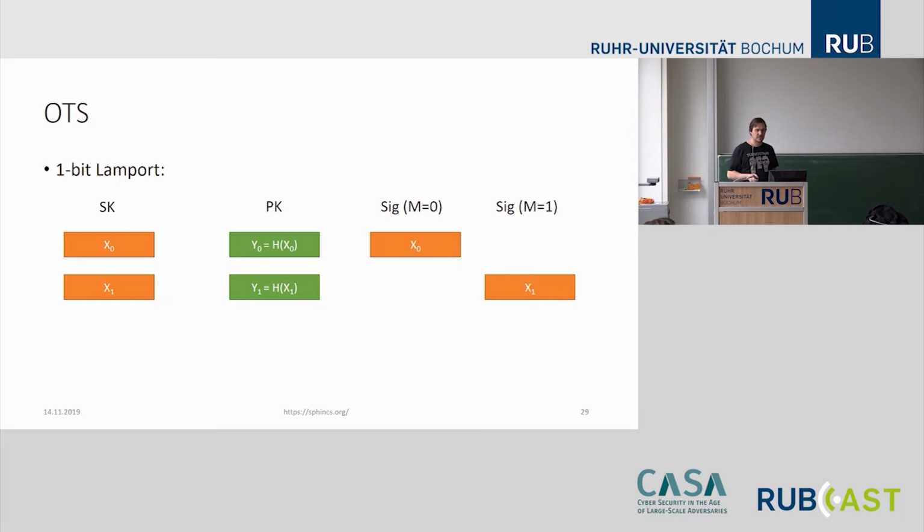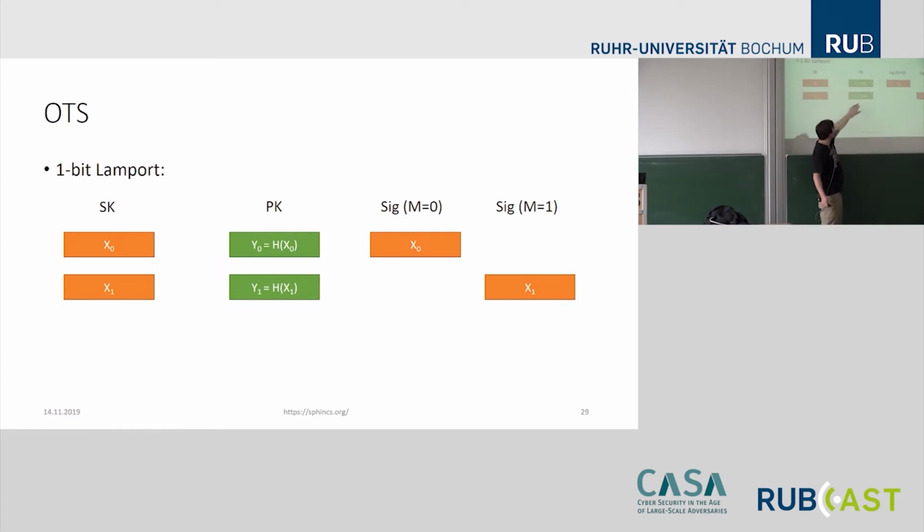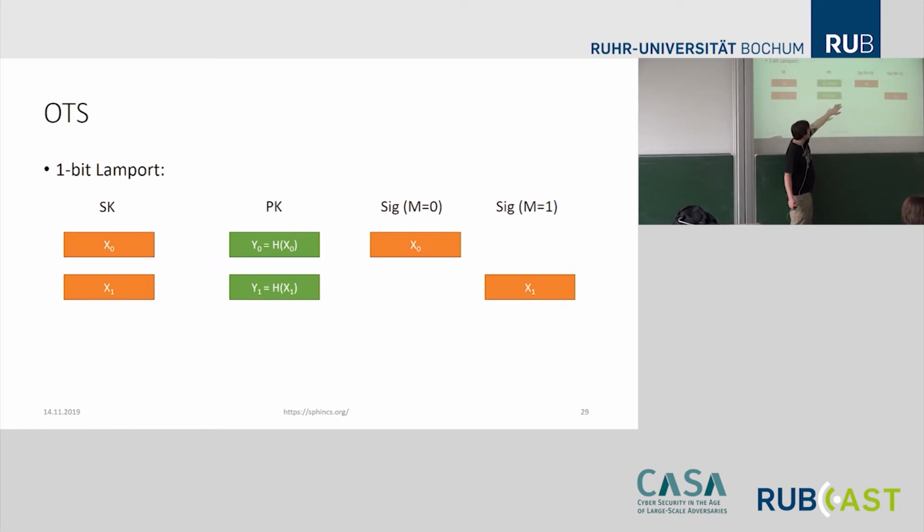If you think about Lamport's scheme, for those of you that know security reductions a bit, I think it's somewhat obvious that if you see an adversary that saw, for example, a signature on a message 0 and then comes up with the signature for the message 1, it must have broken the preimage resistance of the scheme, right? So you get a preimage finder for the hash function, because you find something which hashes to y1 without seeing a preimage of y1.